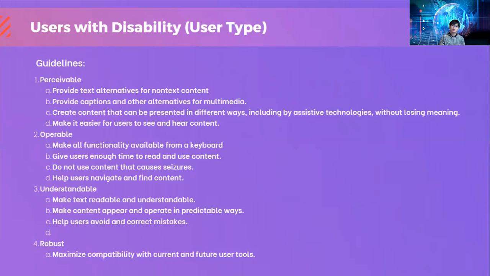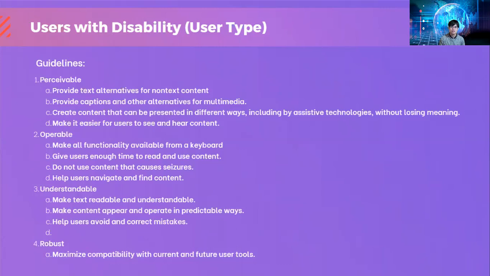Next is operable. You make all functionality available from a keyboard. It's not good when you develop a system that has parts that cannot be reached by keyboard.